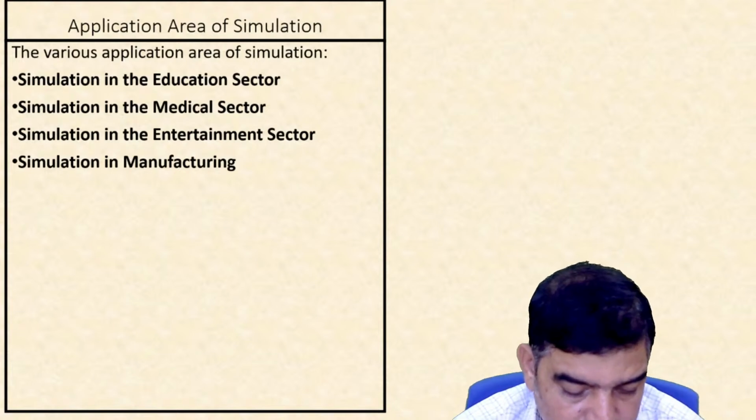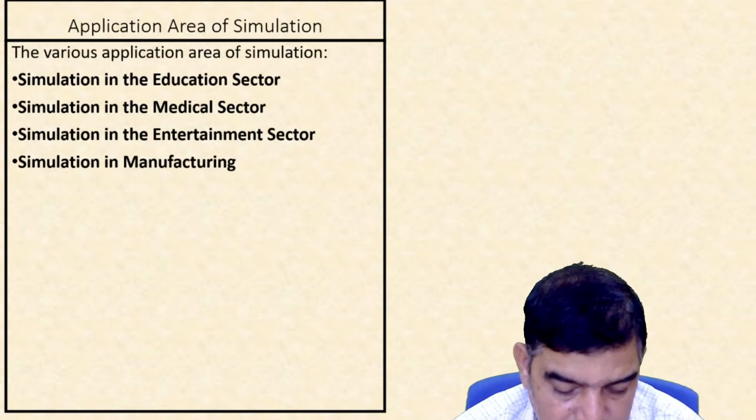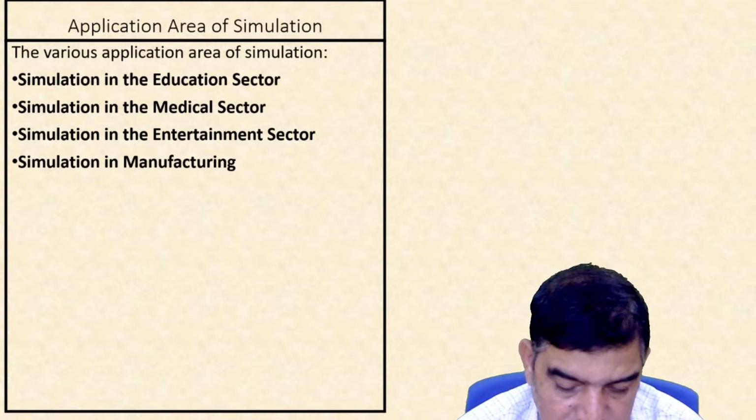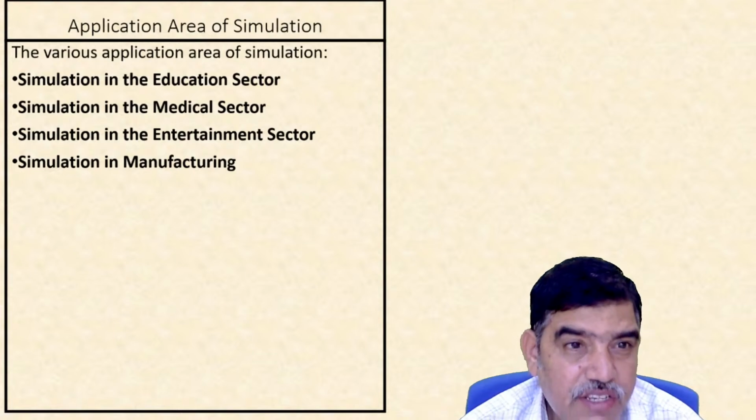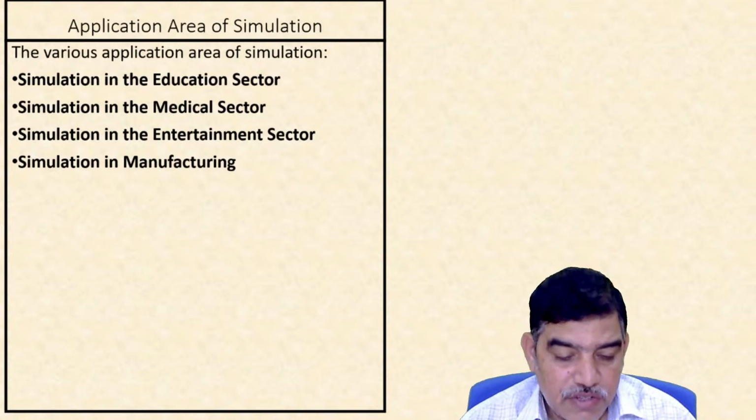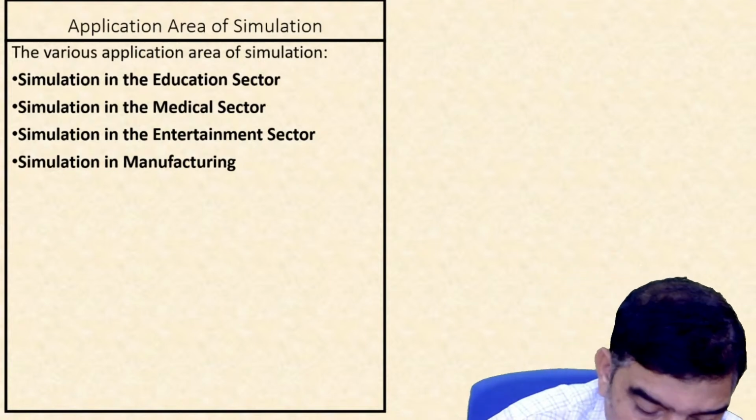In business school, these models are used for management games and to perform experimentation with different business strategies in a risk-free environment and conduct case study discussions. So, simulation is used in the educational sector in this way.